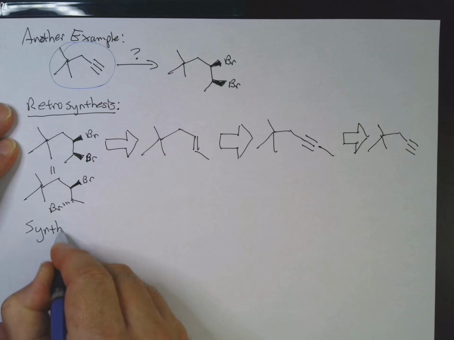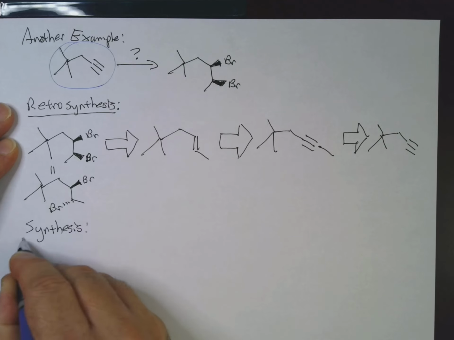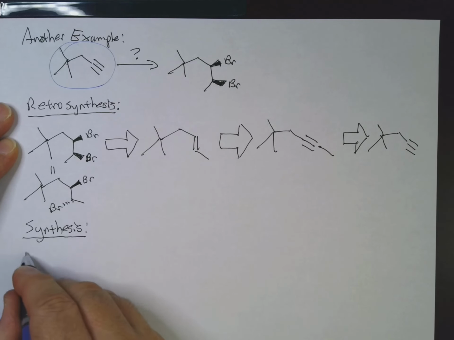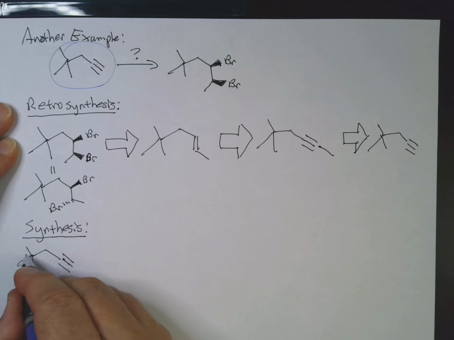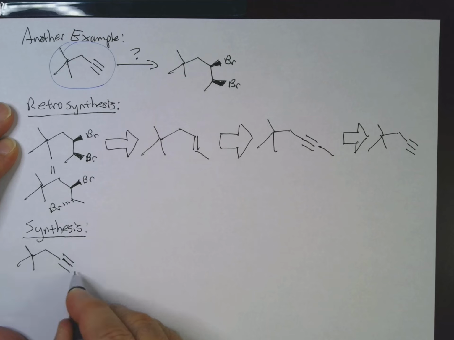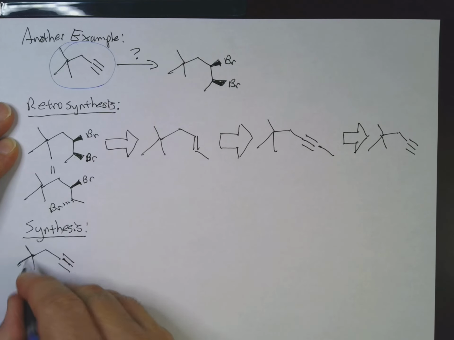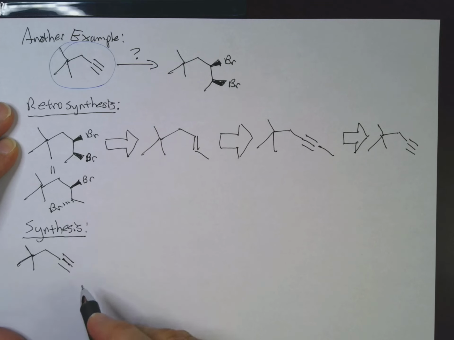And now the forward synthesis, which you'd want to write down, I'm going to start with my starting material here and try to draw it. Try to draw your alkynes in a reasonable way, I don't really like the bent alkynes.